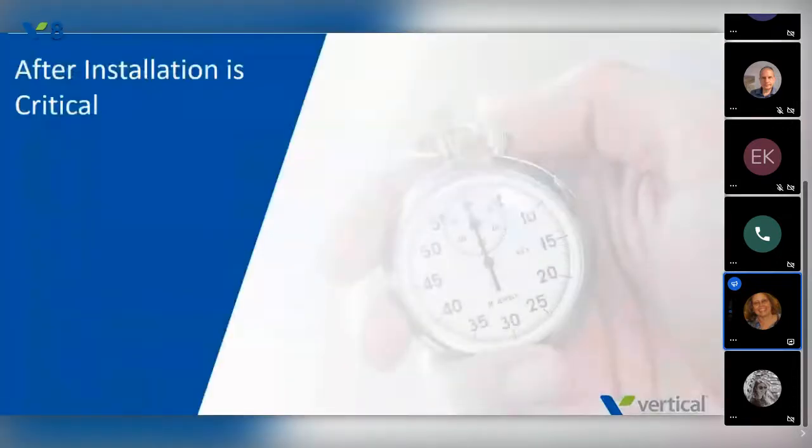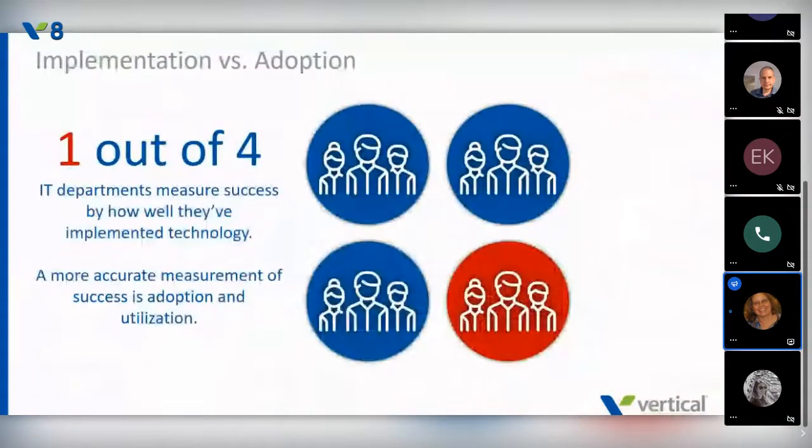Okay, so we're going to talk about components of the implementation versus adoption of implementation, or an install as a whole. So again, like I said in the beginning, the focus is typically the product that was purchased, the initial implementation and training the users, whether it's a desk phone, a soft phone, a mobile application, any of the tools that you've purchased.